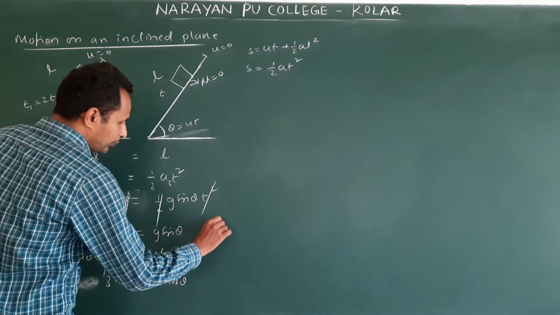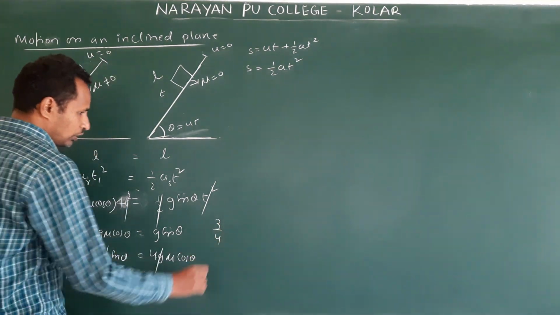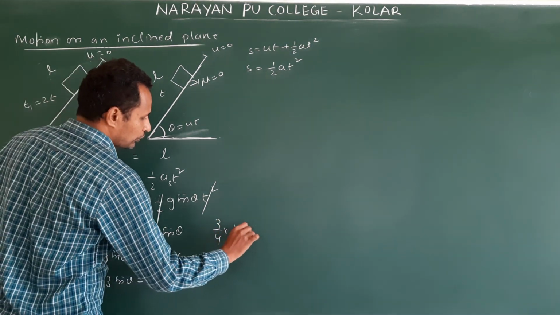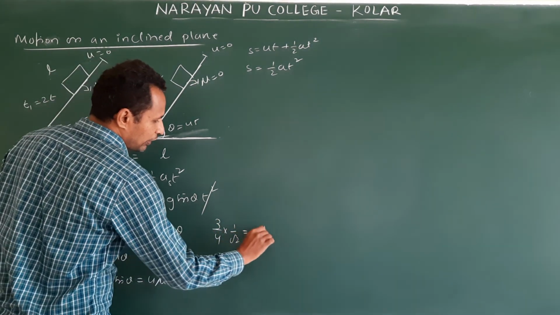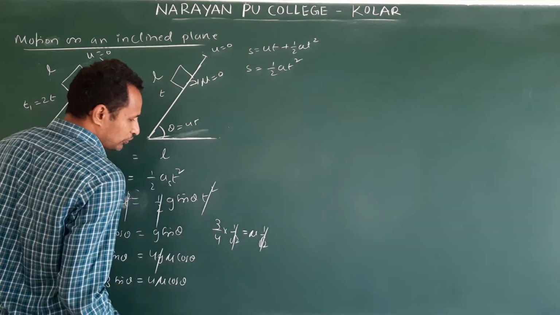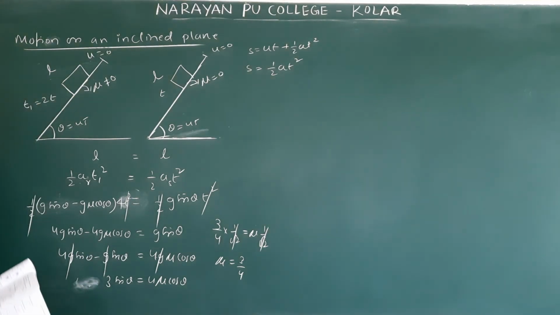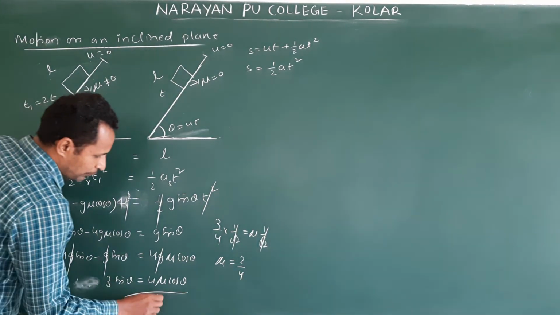So 3 by 4 sin 45, 1 by root 2, is equal to mu into cos 45. 1 by root 2 cancels. Mu is equal to 3 by 4. Clear? Next step, this one please.